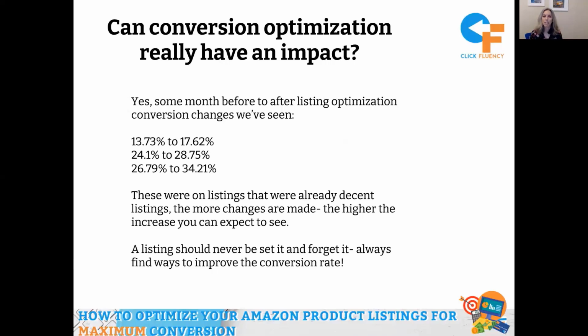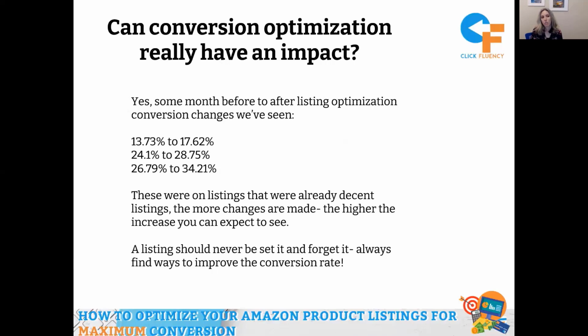And just keep in mind too, when your product listing is optimized, this is also going to have a residual effect. It's almost like, not completely passive, but it is a way that you're going to continue to get results month after month. So it might not look very impressive sometimes.